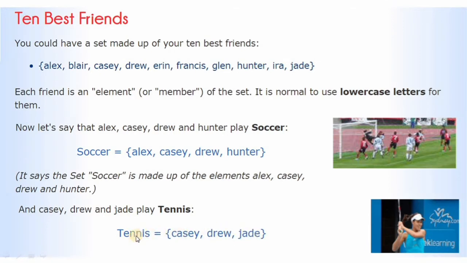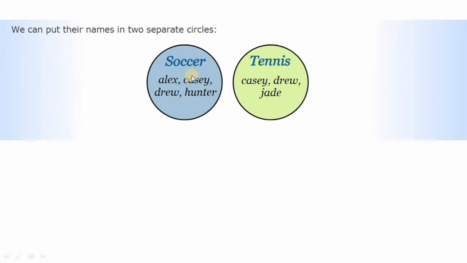Within it, the elements Cassie, Drew, and Jade love to play tennis. Now I'm going to form two circles. One circle will contain the friends who play soccer, and the other contains the people who love to play tennis.